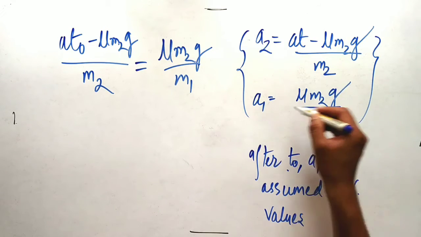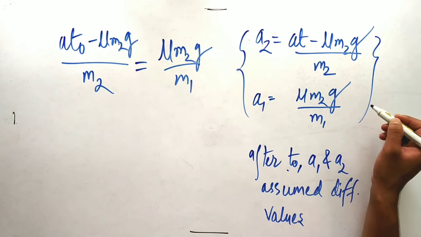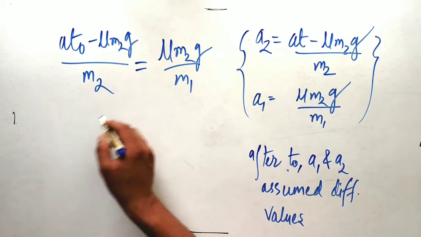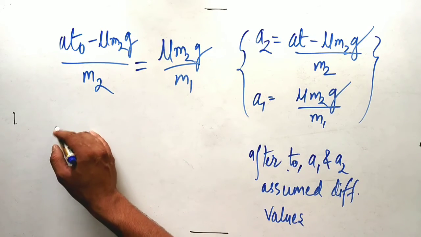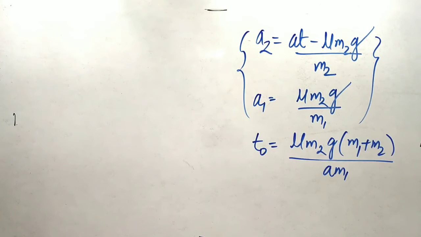Also you can see that A1 does not depend on time, it's constant. So we'll try to derive the value of T0. How are we going to do that? Cross multiply and we will arrive at it. So this is the time when these bodies started to move with separate, different accelerations.